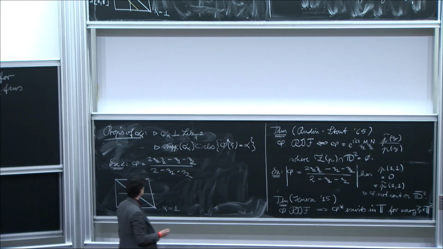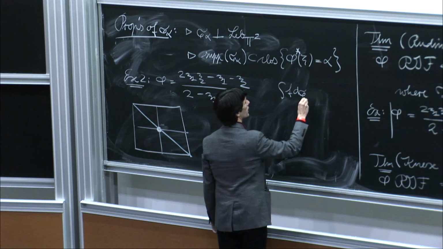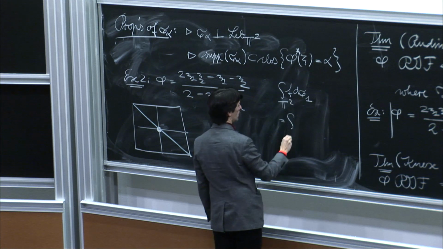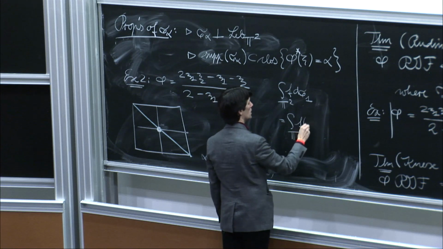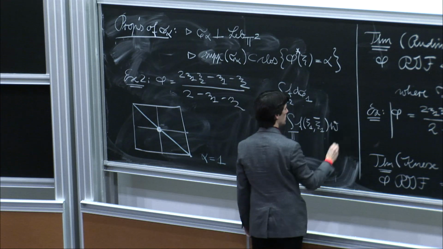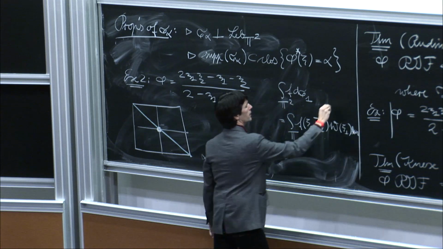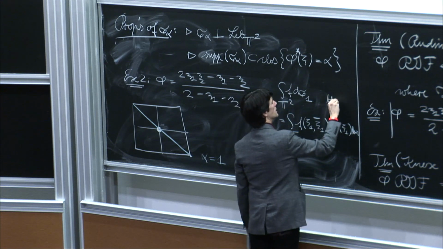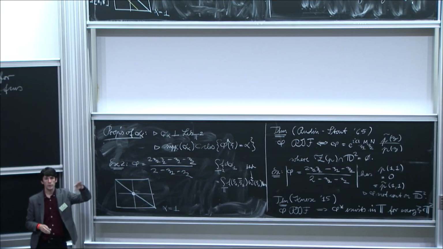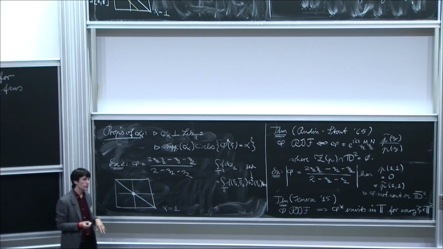And in this case, you can work this out by hand, that this measure is of this form, except you now have to throw in a density along this line, but it's some function that's bounded and is fairly nice.